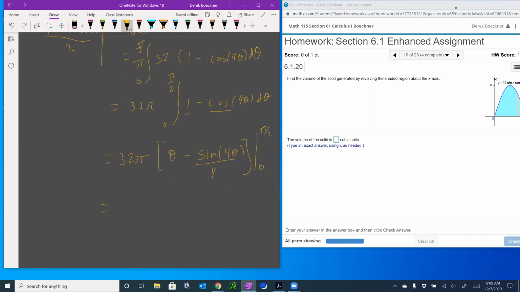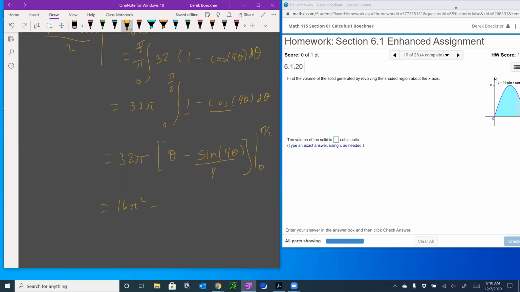So I put 0 in there. Sine of 0 is 0. 0 theta at 0 is 0. So the 0 doesn't give me anything. The pi over 2, I'll have 16 pi squared. And then I will have minus, well, the sine of 4 times pi over 2, which is just 2 pi.